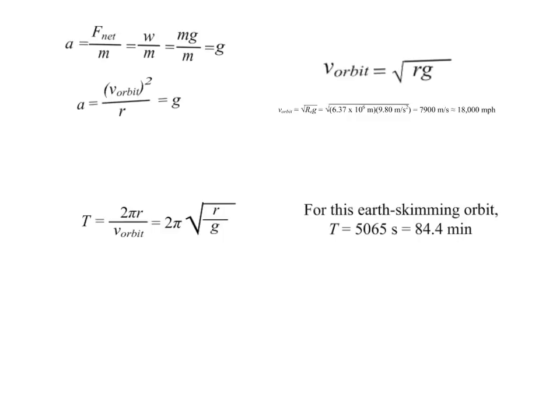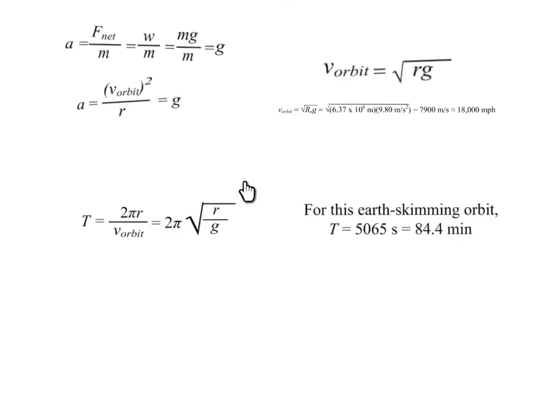Now, of course, this orbit is unrealistic. Even if there were no trees and mountains, a real projectile moving at this speed would burn up from the friction of air resistance. Suppose, however, we launched the projectile from a tower of a height of, say, 200 miles, which is well above Earth's atmosphere, which, by the way, is about the height of most low Earth orbit satellites.